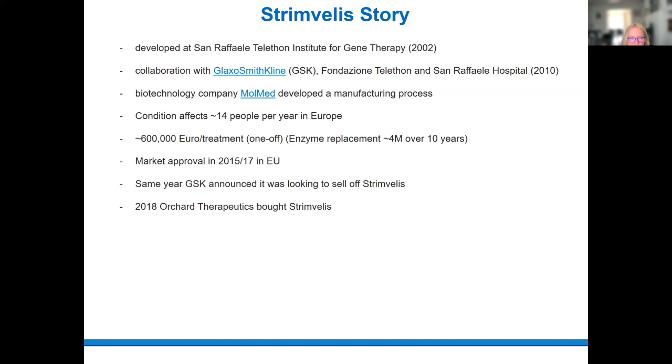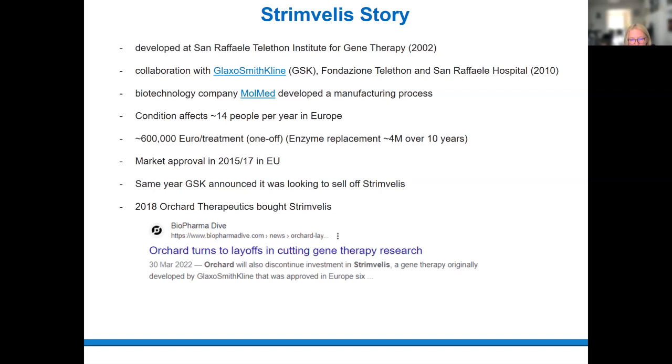Thankfully, in 2018, a UCL spinout called Orchard Therapeutics bought Strimvelis, which ensured that the drug could be supplied to patients who needed the drug. However, in spring 2022, Orchard suddenly announced that they were cutting their investments into gene therapy.